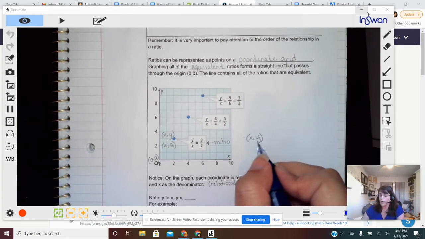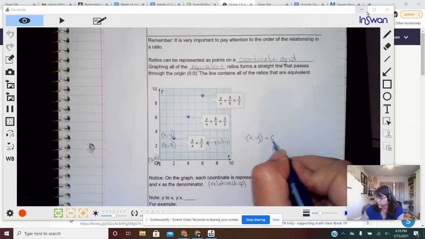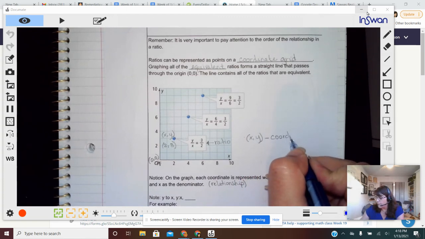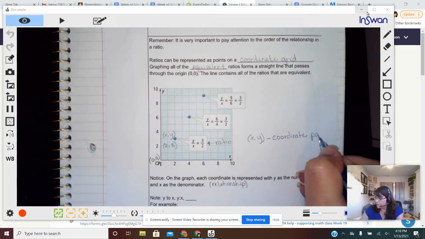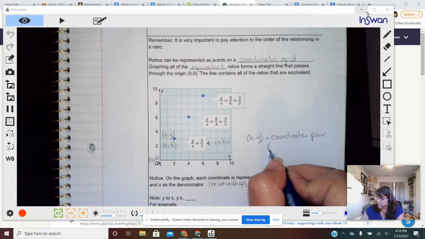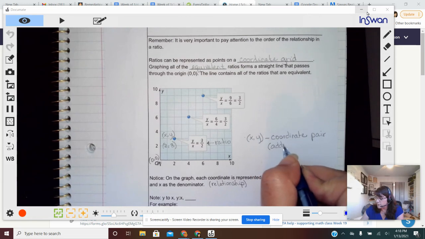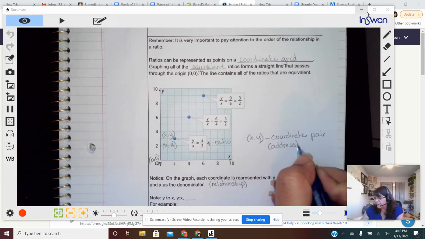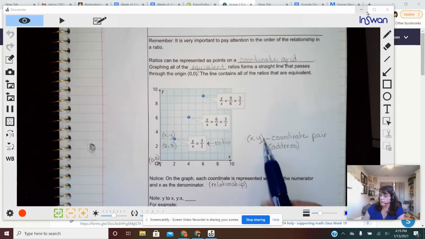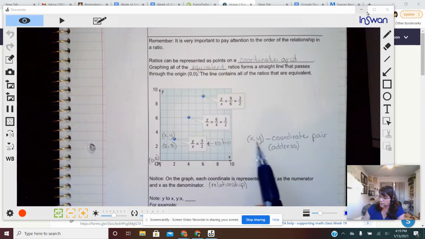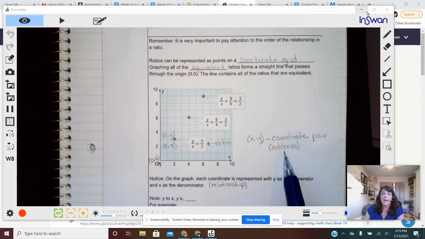I would call the coordinate pair the address. Where would we find it? So this one is talking about the relationship. If you're actually doing the coordinate pair, it's talking about the address.